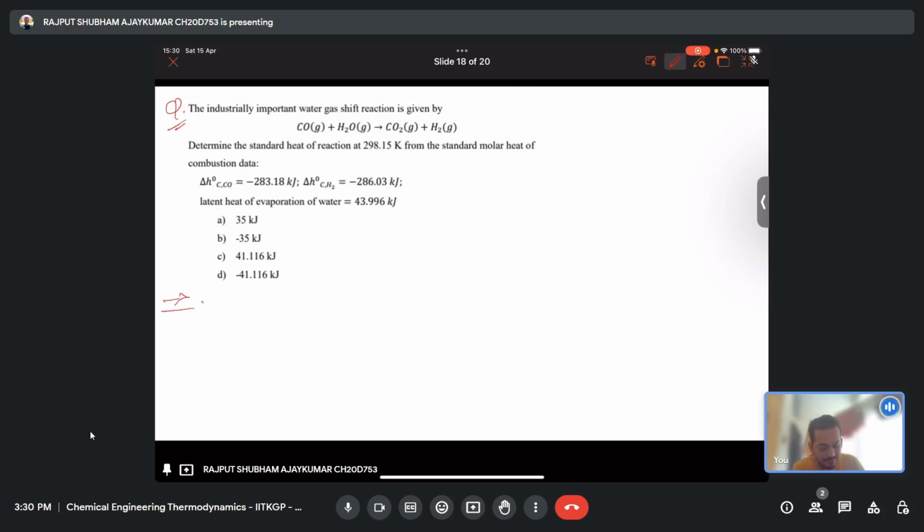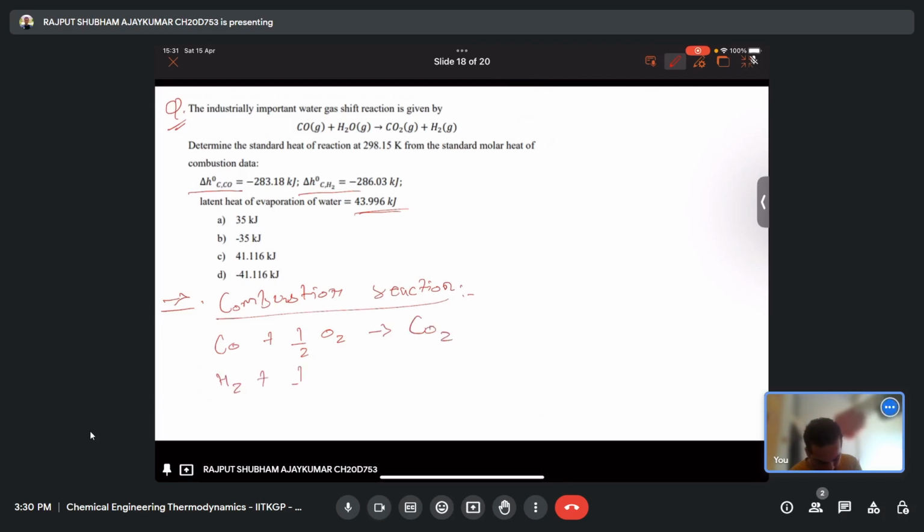So we have been given the standard molar heat of combustion data for carbon monoxide and for hydrogen, and the latent heat of evaporation of water is given to us in kilojoules. So first of all, we will write the combustion reactions. A: CO plus half O2 gives CO2.